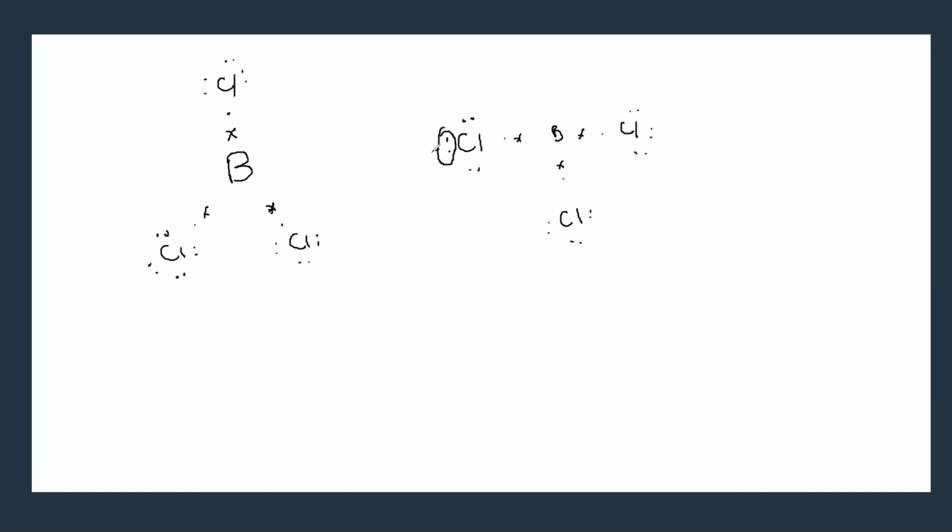So the boron is attracted towards the lone pair. So what happens? We will have a different structure, like boron with three simple covalent bonds. This is one molecule of boron trichloride. Then there's another molecule of boron trichloride.